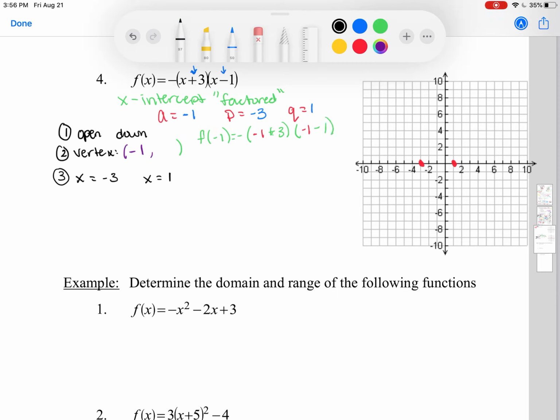And then do a quick simplify. Negative out front, and this comes to a 2, and this comes to a -2. Simplify one last time, and you should get -4. That right there will be your vertex, your y-coordinate on your vertex. And now we know the exact point that I can graph.